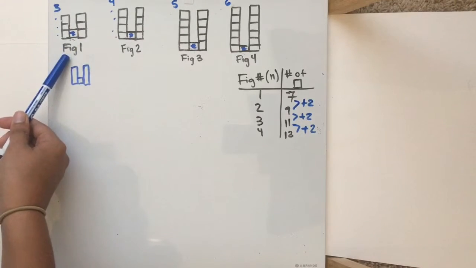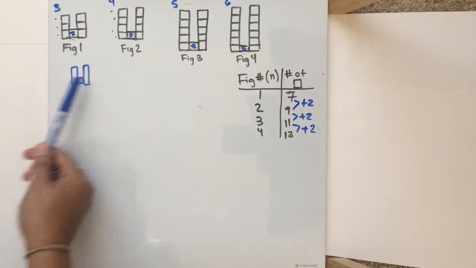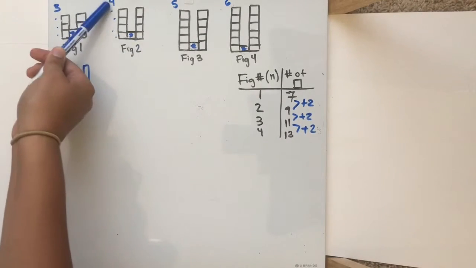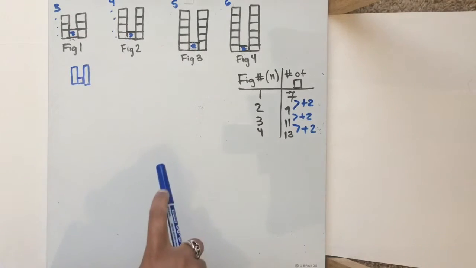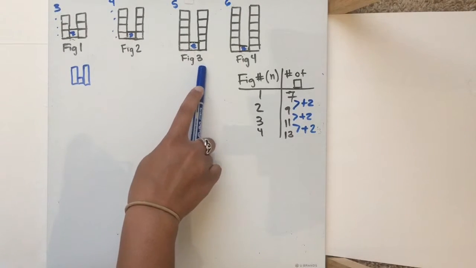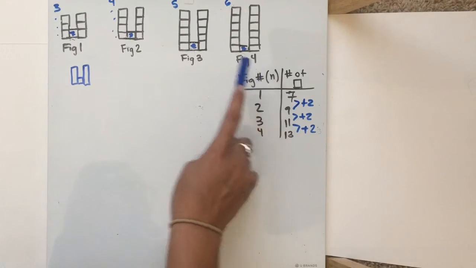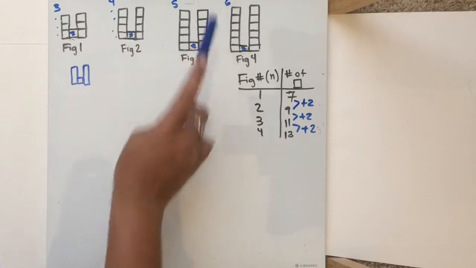So figure 1, 1 plus 2 is 3. Figure 2, 2 plus 2 is 4. Figure 3, 3 plus 2 is 5. And figure 4, 4 plus 2 is 6.